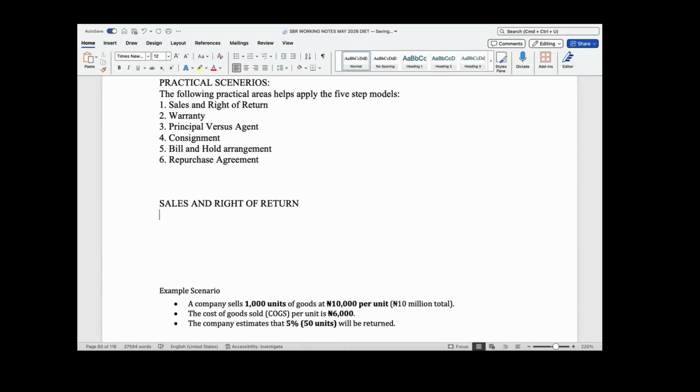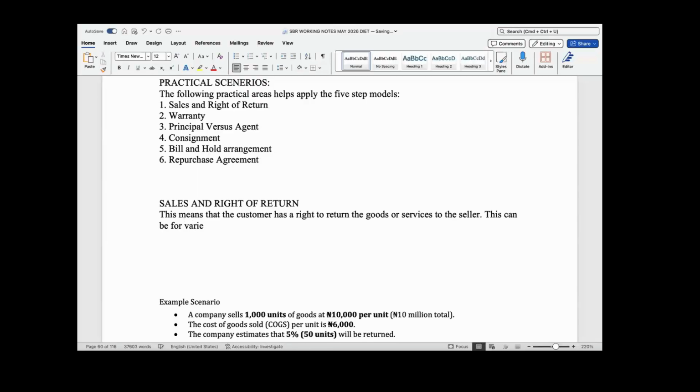And the meaning is quite straightforward. This means that the customer has a right to return the goods or services to the seller. And this can be for a variety of reasons. That's not the focus here.